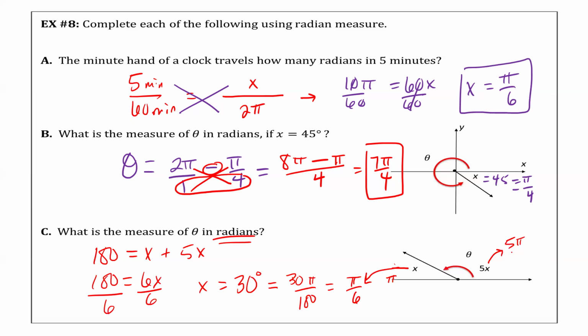This would be 5 pi over 6, because together they have to equal a whole pi, a whole 180. Does that make sense? Half of a circle is pi. The whole thing has to equal pi. All right, that is the end of B.